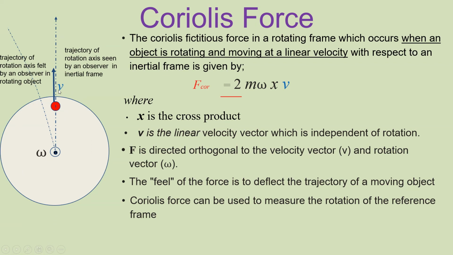This velocity could have been in any other direction. This object could have moved in this way, or in this way, or into this plane, in the other direction. Any direction can be taken where this linear velocity is there. Due to some external force, maybe it was previously moving. We don't care about why it is moving in a linear direction.